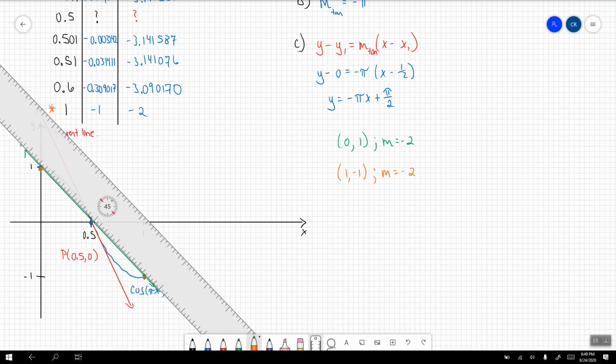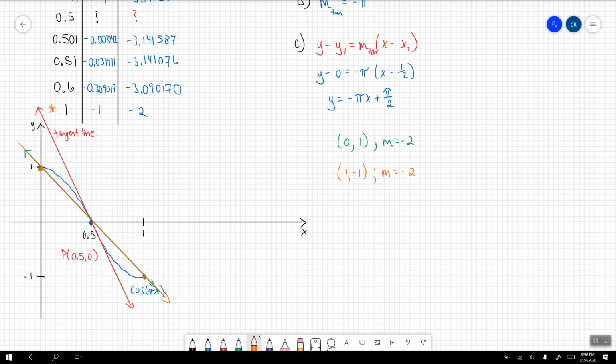Both of these secant lines are superimposed on one another. So that's secant line 2, and then we also had secant line 1. So again, we have two secant lines and a tangent line there, which is really cool.